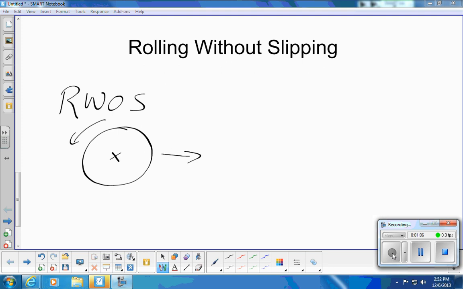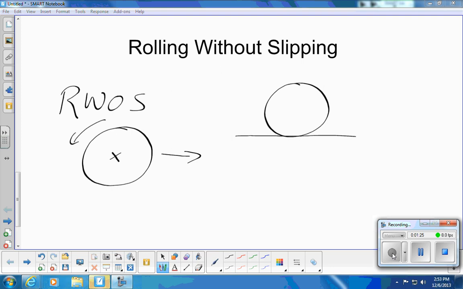What it means is that if you're a tire rolling without slipping, and you're rolling on sand or snow or something like that where you can see the tread mark, it means that you can see a clear tread mark in the snow after the tire has rolled by instead of skid marks.